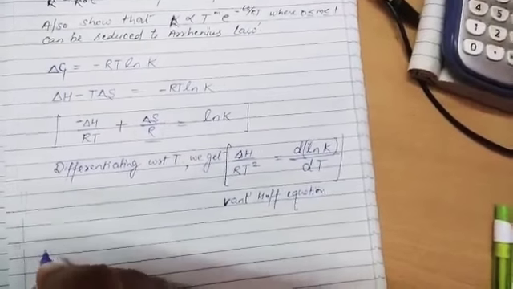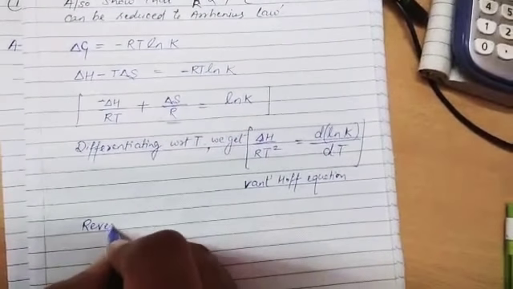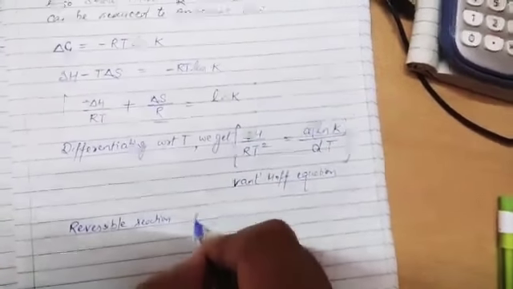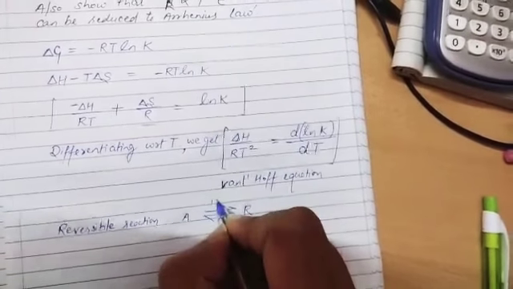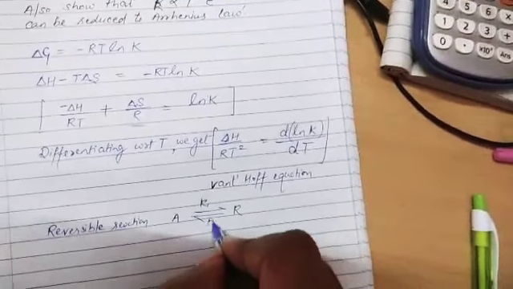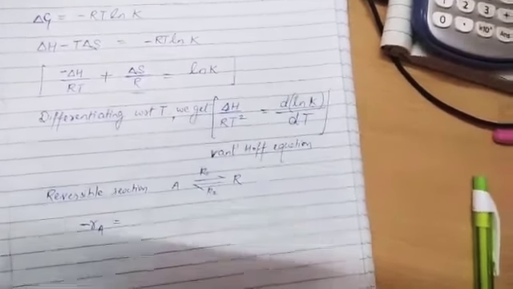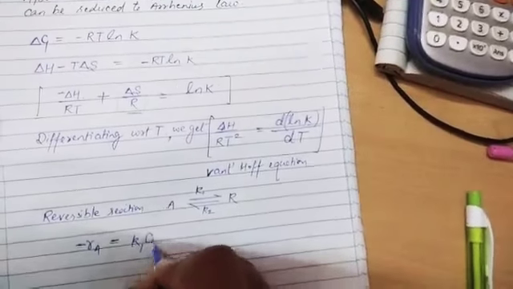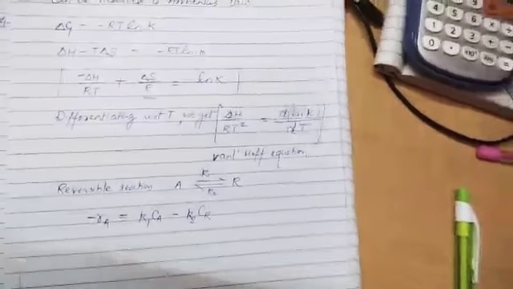So for that we will write the reversible reaction A goes to R, where the forward rate constant is given by small k1 and the backward rate constant is given by small k2. Now the rate equation for this reaction can be written as minus rA is equal to k1 CA minus k2 CR.